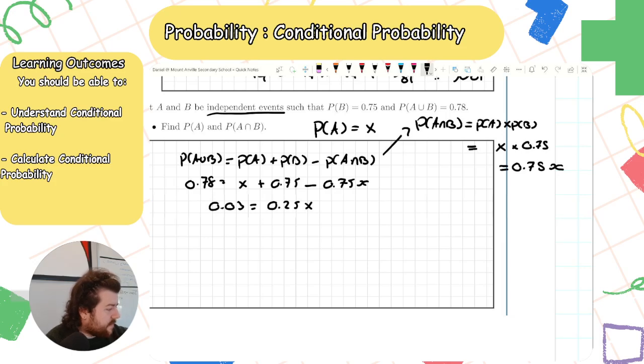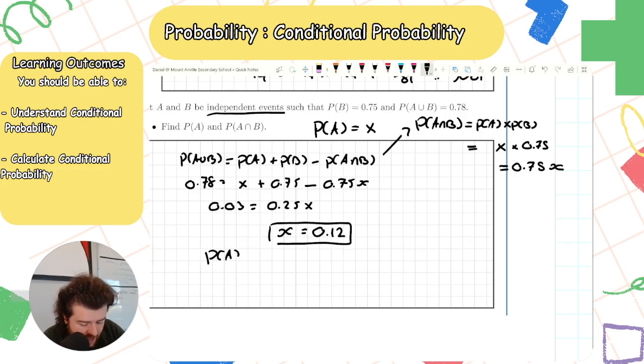Divide there. Yes. X is equal to 0.12. So probability A is equal to 0.12. Probability of A intersection B then will be equal to 3/4 of that, which is 0.08, I think.